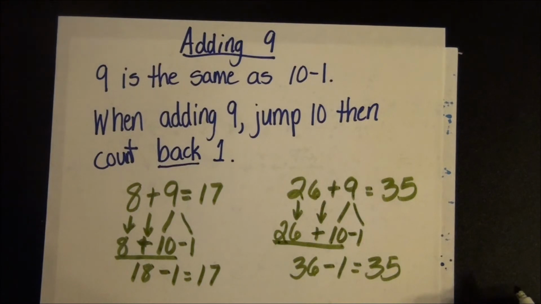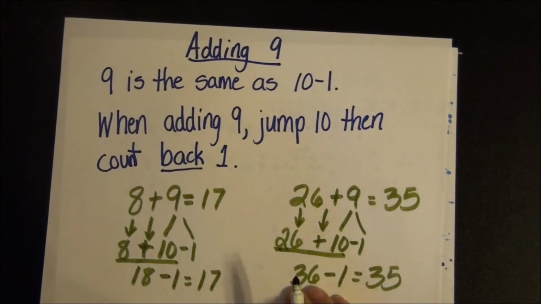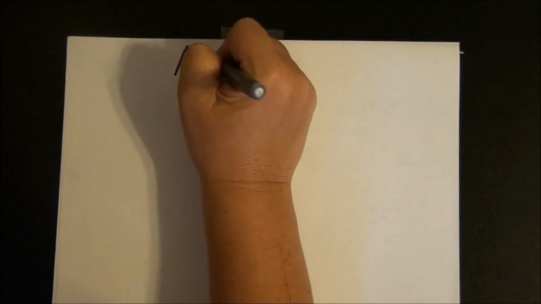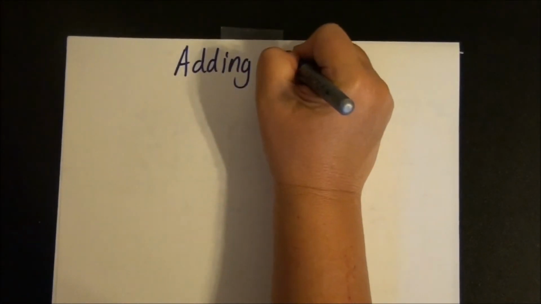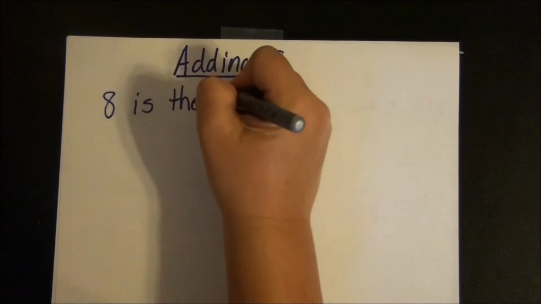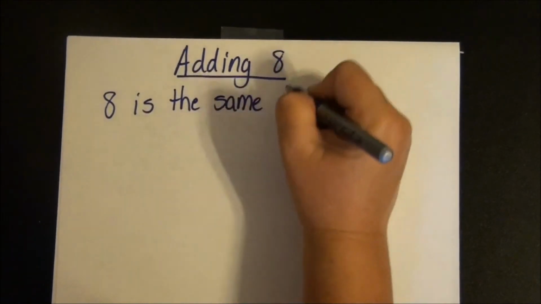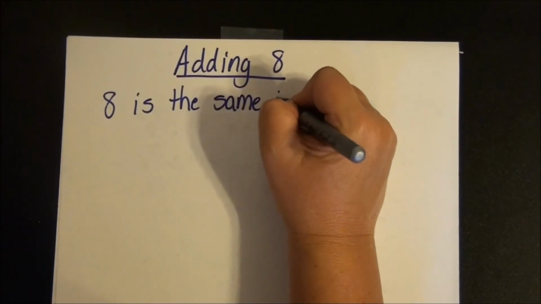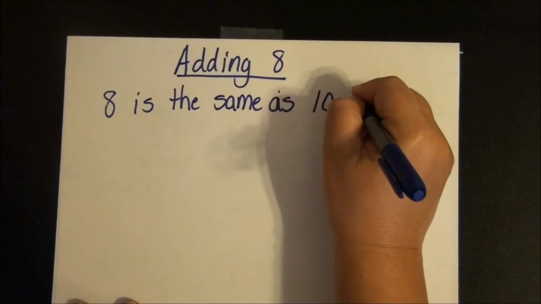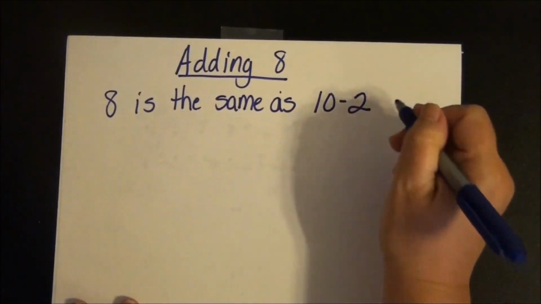Okay, if you can add 10 and you can add 9, then it's not too much of a stretch to add 8, because it's roughly the same idea. Okay, so adding 8, we know that 8 is the same as, sorry, typo, misprint, 10 minus 2. 8 is the same as 10 minus 2.